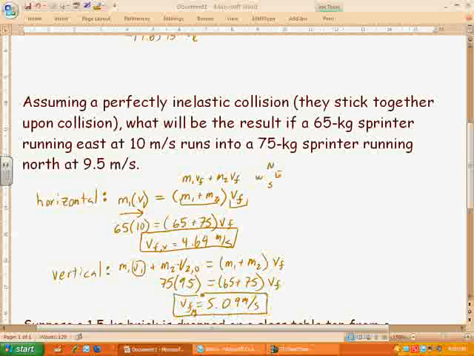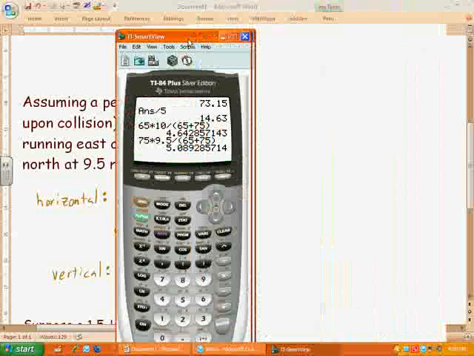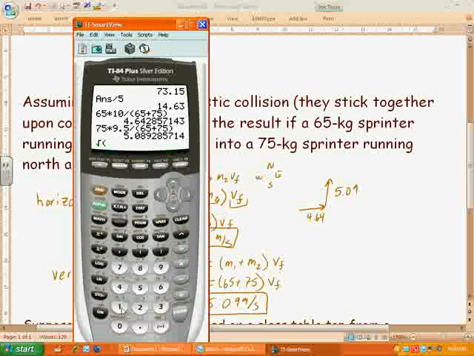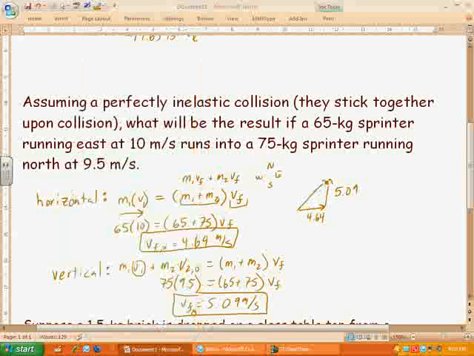And so when we then consider what overall is happening, we've got a horizontal velocity of 4.64. We've got a vertical velocity of 5.09, which means if we put those together using Pythagorean theorem, then it will be the square root of 4.64 squared plus 5.09 squared, which gives us 6.89 meters per second.